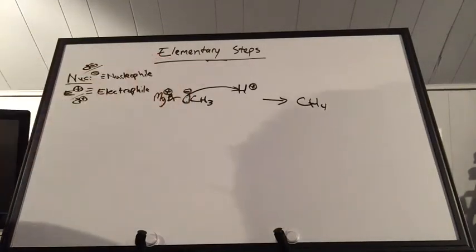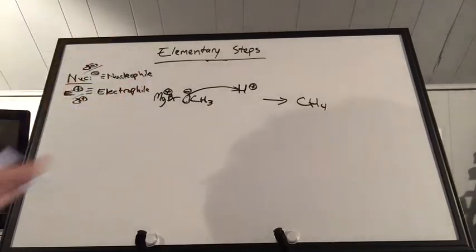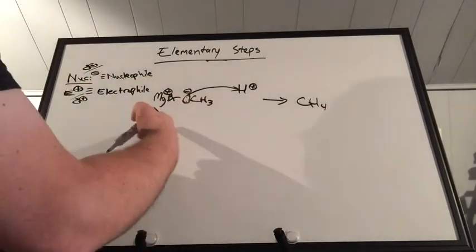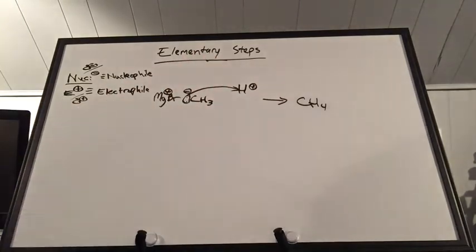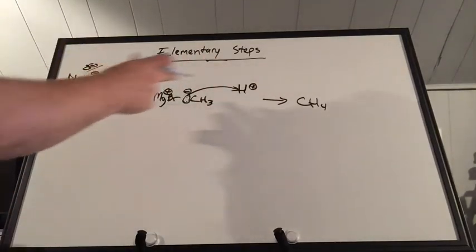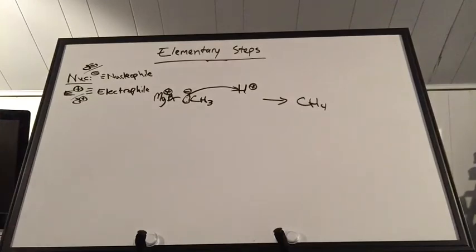So it's never in free form. It's always attached to something. It would be its conjugate base. Okay, so this would be a proton transfer. Again, that H plus could be an electrophile, but let's think about something that's a little bit more elaborate than that.